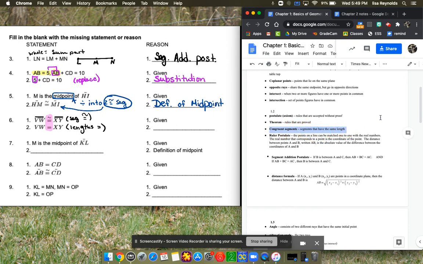So here is a definition that has both of my parts. It has the congruent segments that I was given, and it has the equal lengths, which I created. So because congruent segments by definition have equal lengths, this is the application of our definition of congruent.